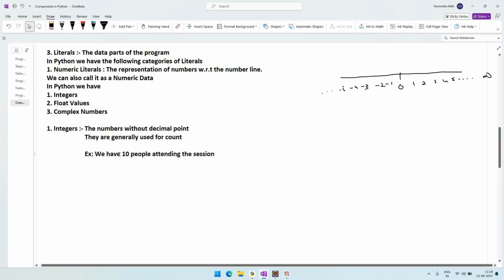So session లో 10 members ఉన్నారు. So we have 10 people who are attending the session. So session లో 10 members అనే ఉన్నారు. Okay, so we can say that. So integers means the count generally. Okay, so count. So they are single valued numbers.